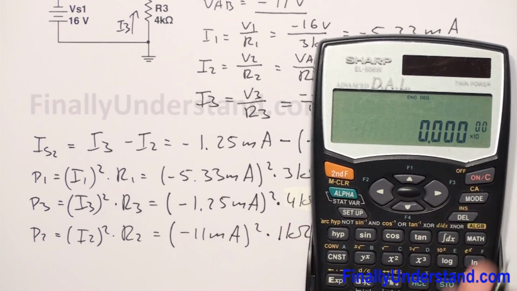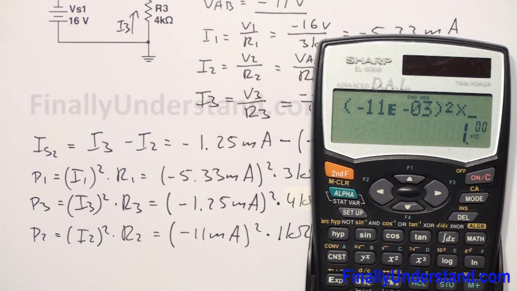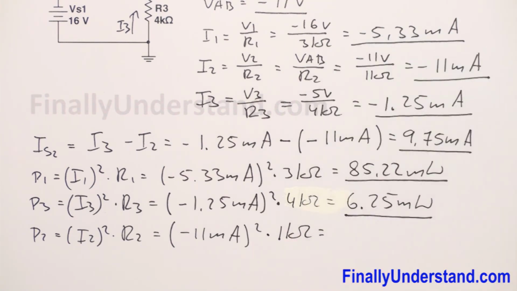So this is equal to 11 times 10 to the negative 3, squared, times 1 times 10 to the 3, which equals 121 milliwatts.